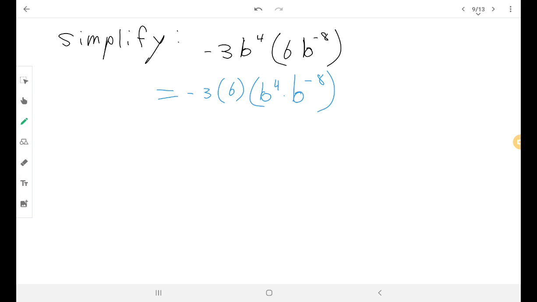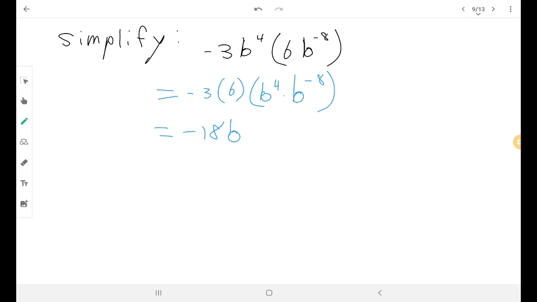So I'm going to collect things this way because then I can do this, and I can do this separately, and then I can put them together. So negative 3 times 6 is negative 18. And then b to the 4th times b to the negative 8th is the same base.